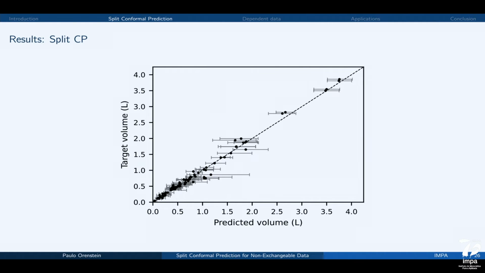If I paint them in blue whenever they actually have the true value, the 45-degree line cutting the interval, you see that in most cases you do get the target volume inside the interval. These intervals were run at the 90% level. This will be true for the whole talk today. I'm always thinking of 1 minus alpha as 0.9. And here you have a couple of red little intervals where we don't cover, and they do happen. So we're covering at, I think, 92%.